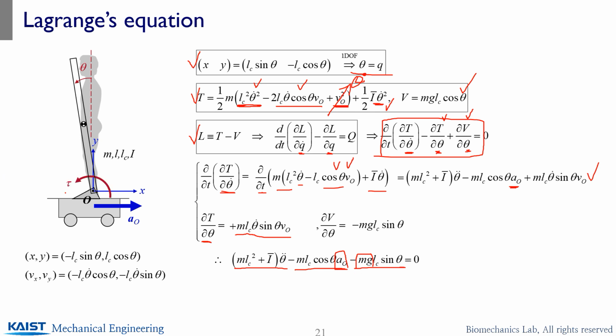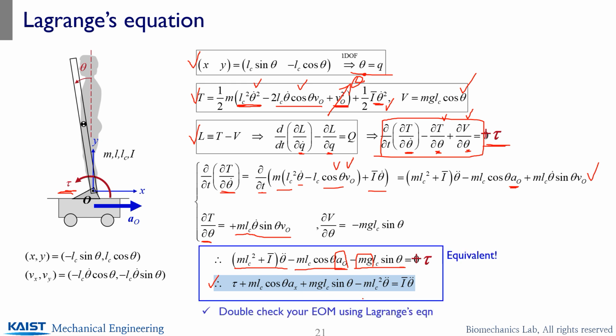And suppose that there's external torque applied at the ankle, then your Lagrange's equation should include a generalized force term, torque term here, and that will actually add a torque term there. So this is exactly equivalent to what we have obtained using the Newton-Euler equation, Newton's law, using the free body diagram. So those are equivalent.